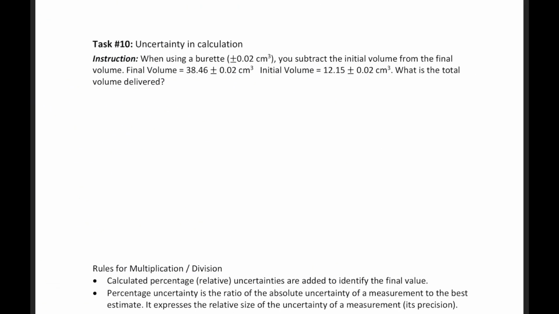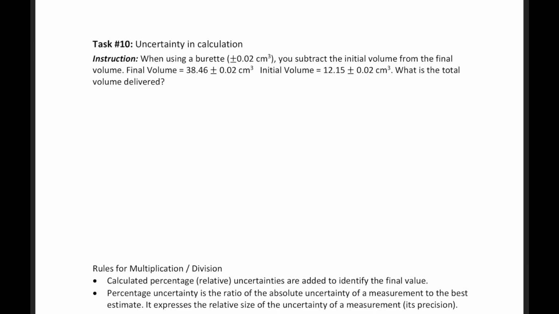Then let's do task number 10. We are using a burette with uncertainty 0.02 cm³, and you subtract the initial volume from the final volume. The final volume is 38.46 plus minus 0.02 cm³, and the initial volume is 12.15 plus minus 0.02 cm³. What is the total volume delivered?